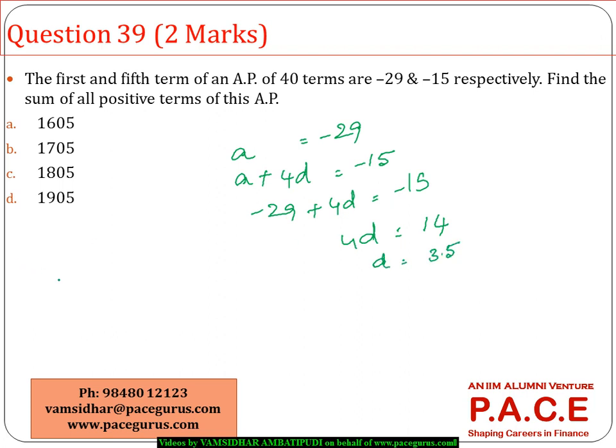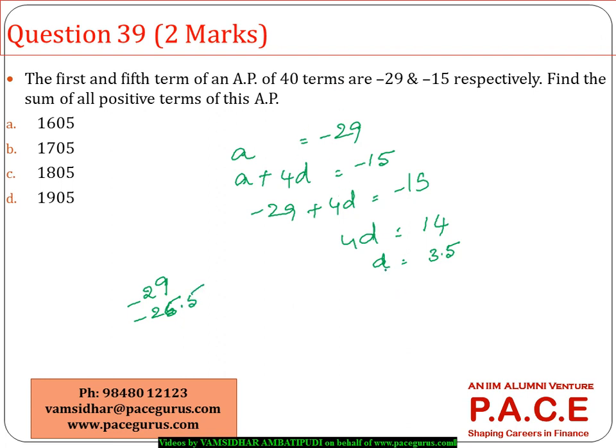Find the sum of all the positive terms of this AP. Okay, I need only the positive terms, right? So minus 29 is the first term, then probably minus 25.5. So like that it is coming out, right?